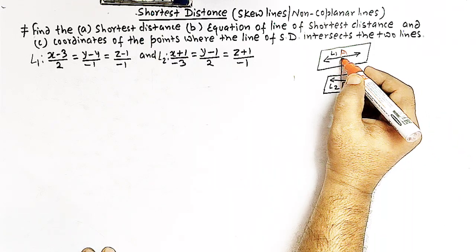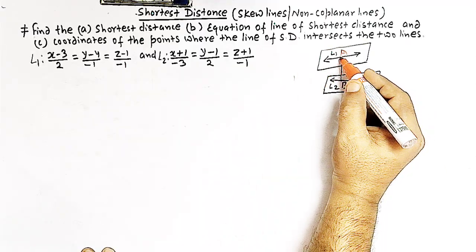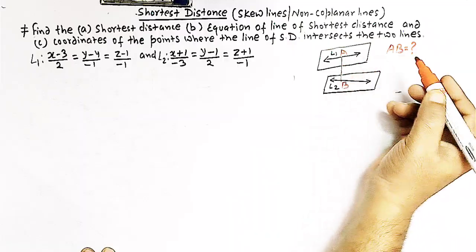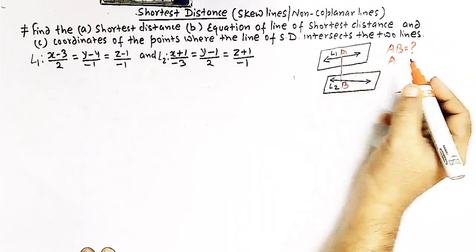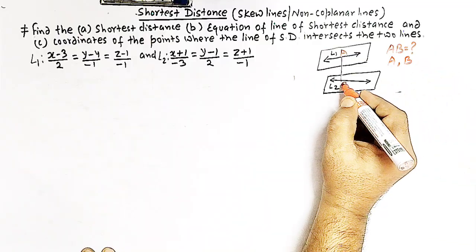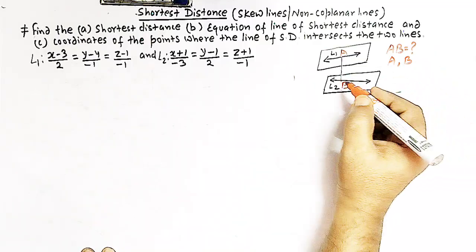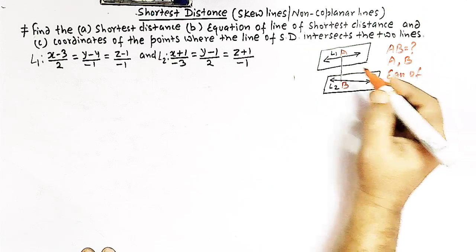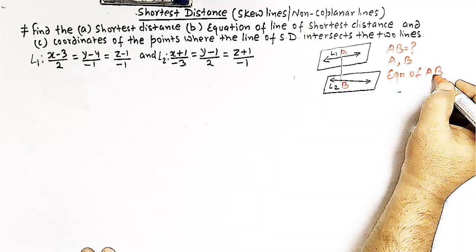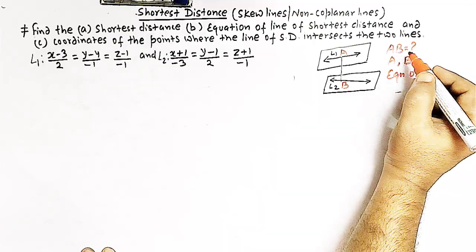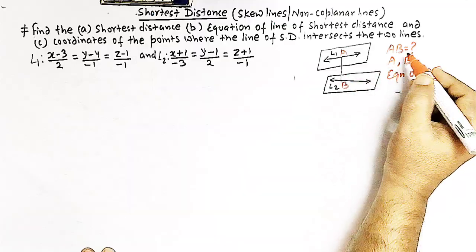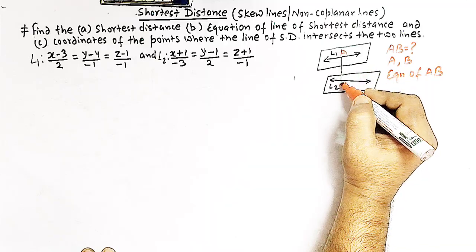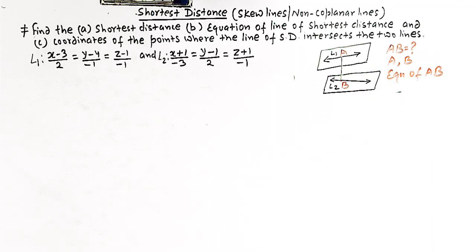So we have to find the shortest distance, that is this length AB, then the coordinates of point A and point B, and the equation of the line of shortest distance AB.